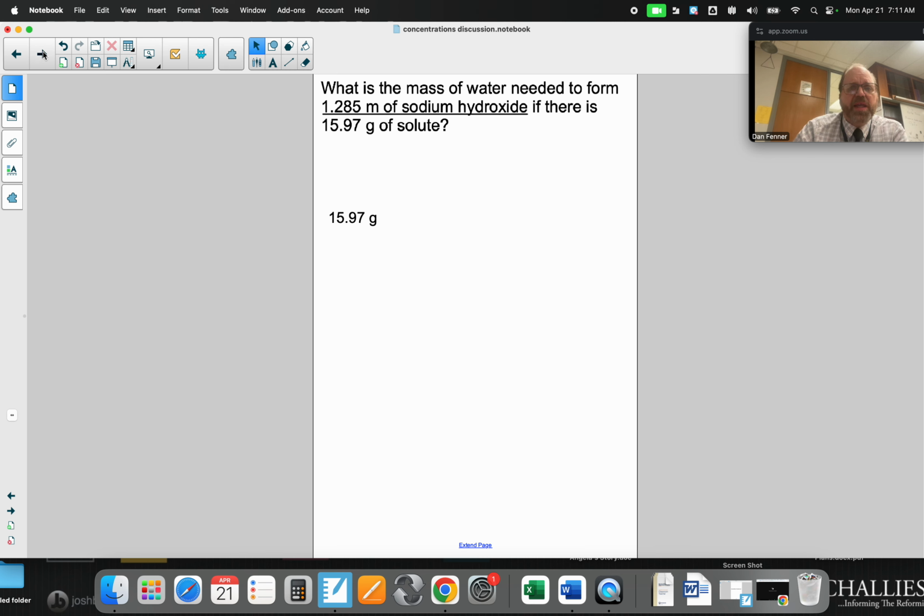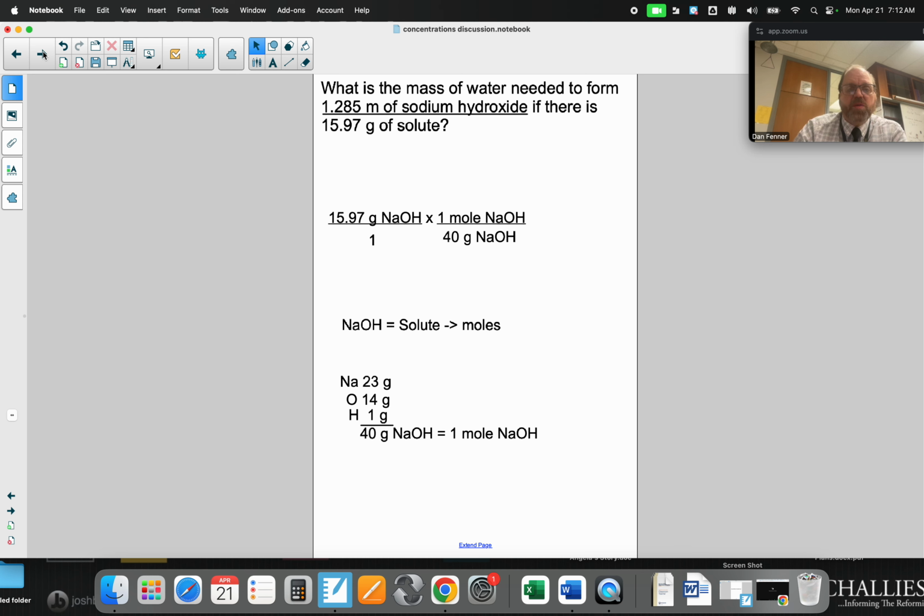Sodium hydroxide, Na +1, OH -1, NaOH. Formula mass: sodium's 23, oxygen 16, hydrogen 1, adds to 40 grams is 1 mole. Solid has to go to moles, grams on the bottom, moles on top. Now, again, we don't start with a concentration, so we can use it as a unit converter.